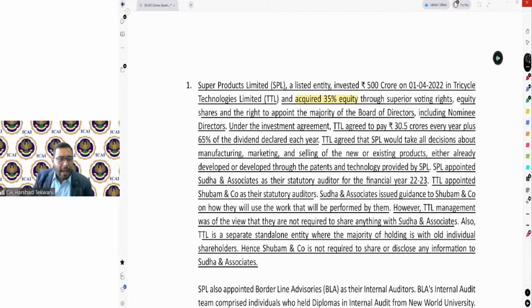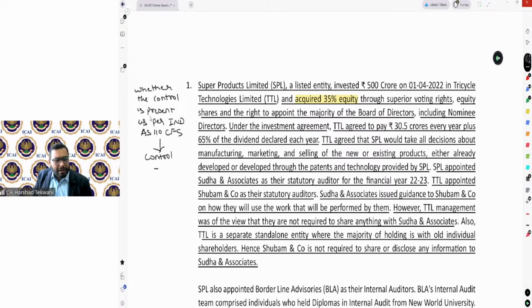In that case, I need to first see whether the control is present as per Ind AS 110, that is Consolidated Financial Statements (CFS), where they have defined control.